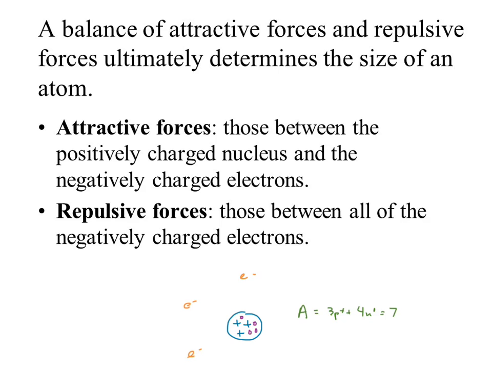Again, this isn't drawn to scale, because remember those electrons are way out here compared to the nucleus. So the attractive forces look like this. Each electron wants to come in towards the nucleus. Those are attractive forces. The repulsive forces are here.